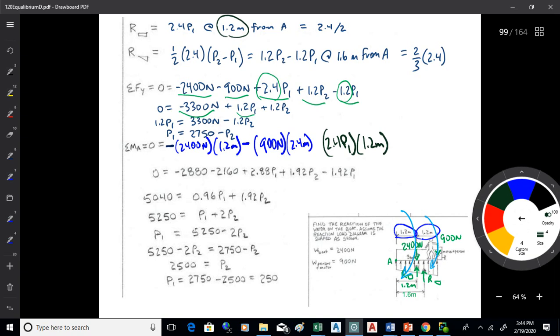That's going to come counterclockwise, right, so that'll get a positive. The other one's counterclockwise too, and that's a little bit more involved. And so I've got 1.2 P2 minus 1.2 P1, and that moment arm is 1.6 meters.